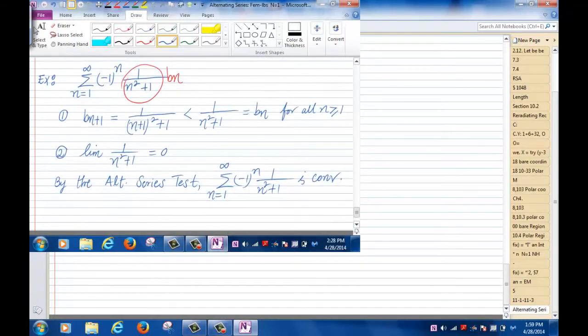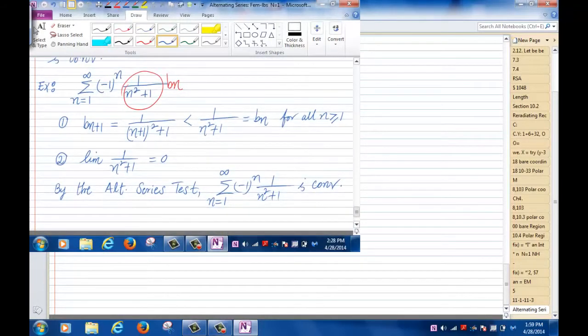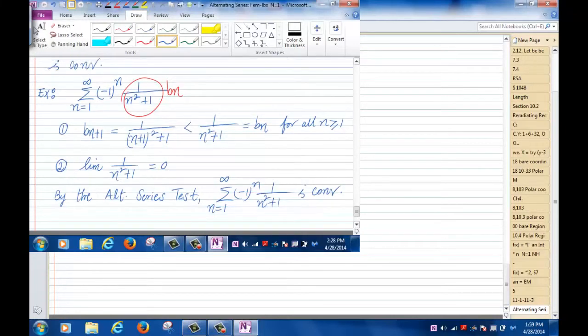Do you have to find Bn plus 1? This is one way. If you want to show that a sequence is decreasing, you have to show that the n plus first term is always less than the nth term. There is another way of showing that a sequence is decreasing. I am going to do one more example at the end where I'm not going to use inequalities directly like this.